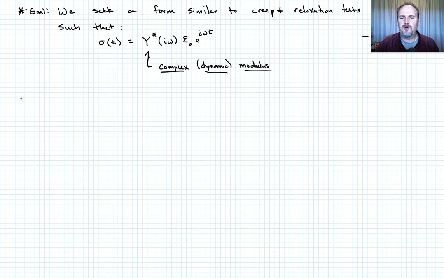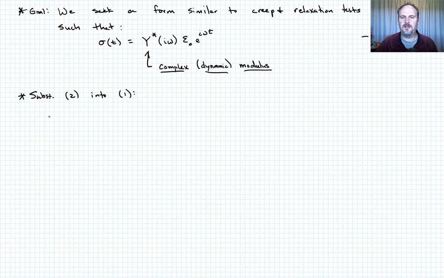So to begin, what we want to do is just substitute equation 2 into equation 1. So we want to substitute the relaxation modulus, decomposed into the time-independent and time-dependent components, into our hereditary integral. Okay, so substitute 2 into 1.